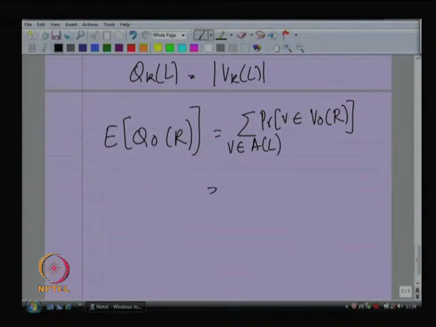For each vertex you ask the question, what is the probability, because the vertex is either chosen or not chosen. So it is a 1. Normally you say that p x is the value of x, but here it is the value of its indicator variable. So it is just a question of probability. Now I am going to write it in the following fashion.